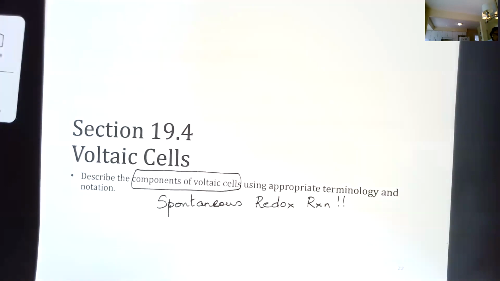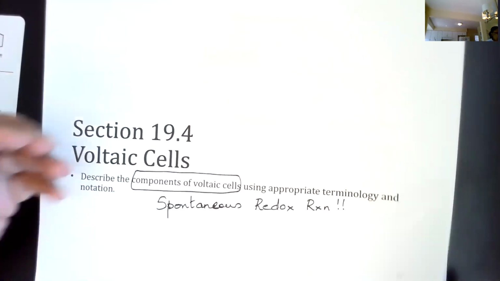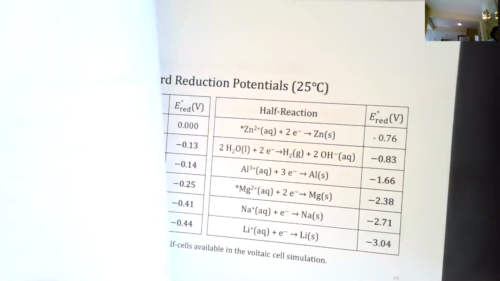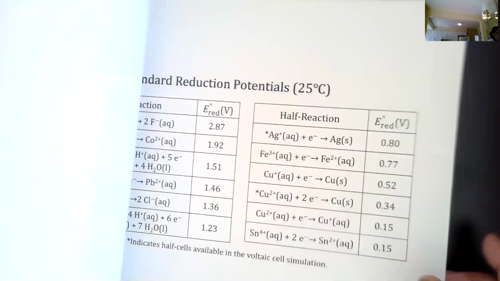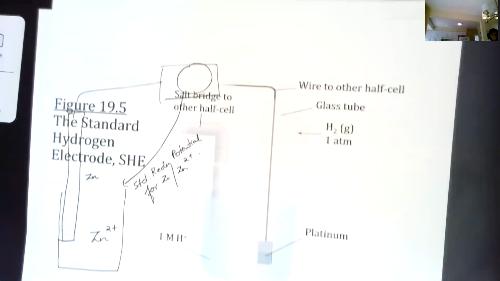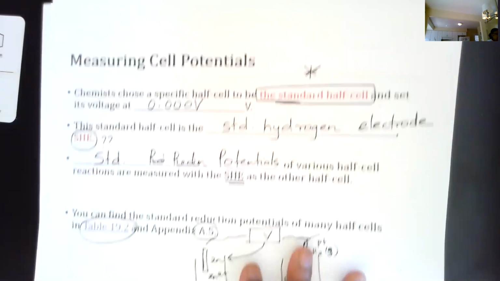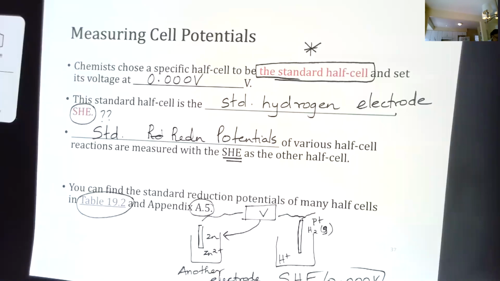Now let's go back. Let's see where we left off here. We're talking about the standard reduction potentials and how they measure the cell potentials. Now let me get the table that I printed off. And remember, we skipped section 19.3. We're not doing the redox titrations.